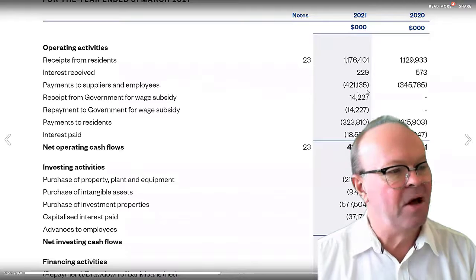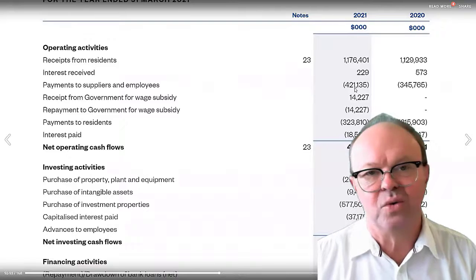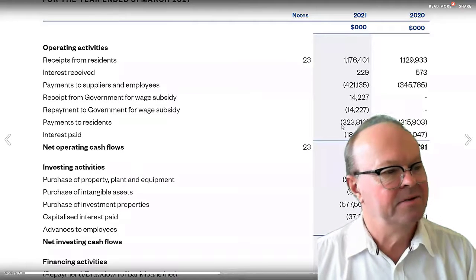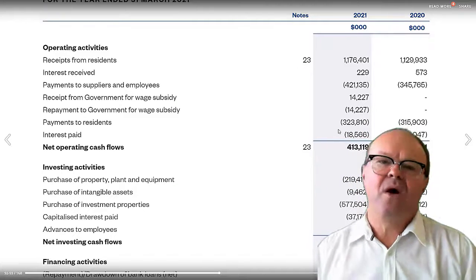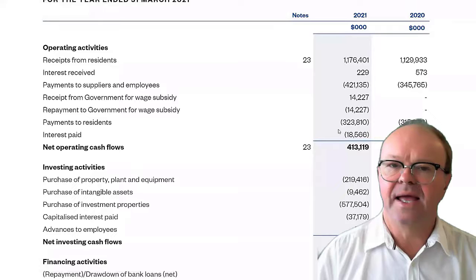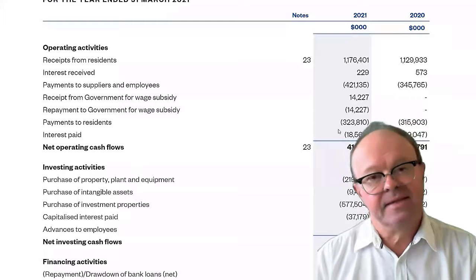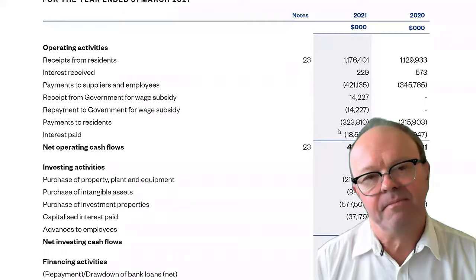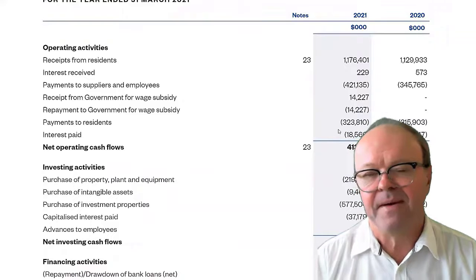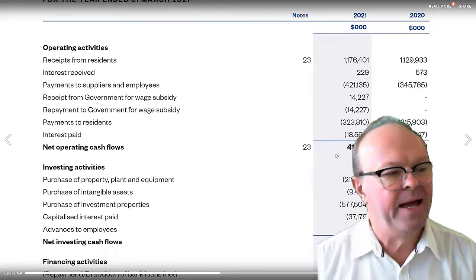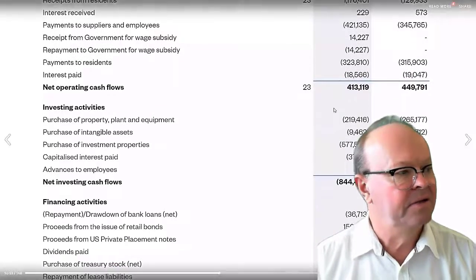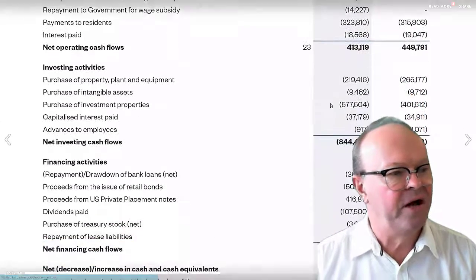They had paid suppliers and employees $420 million. That was negative. They had payments to residents of $320 million. When people die or move into care, they get the amount they paid for occupation rights back, less 20%. Also, interest paid was money they paid on their interest. Net operating cash flows $400 million.